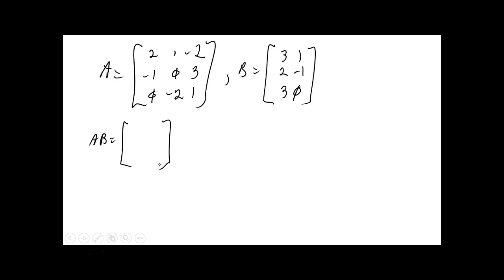Okay. So it'd be 3 times 2 is 6, plus 2 is 8, minus 6, which is 2. Next row down, negative 3 plus 9, which is 6.